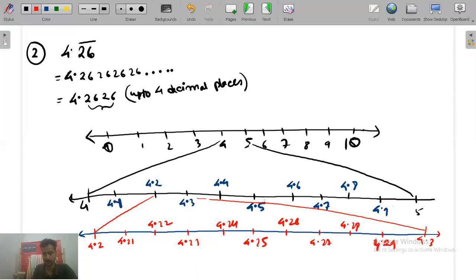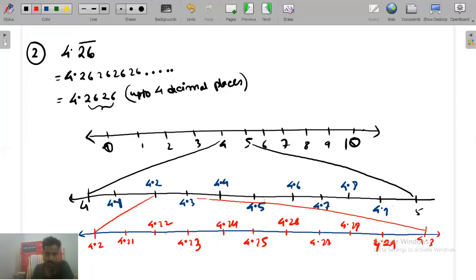Now again see, 4.2626. Looking at the second digit, it will lie between which two numbers?